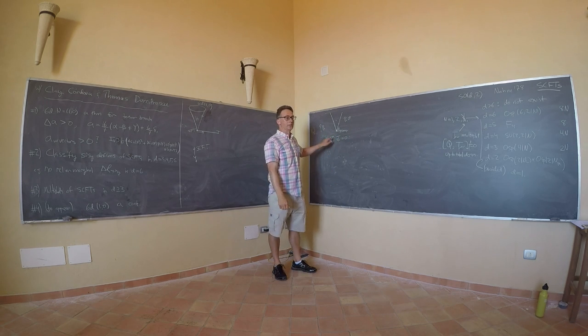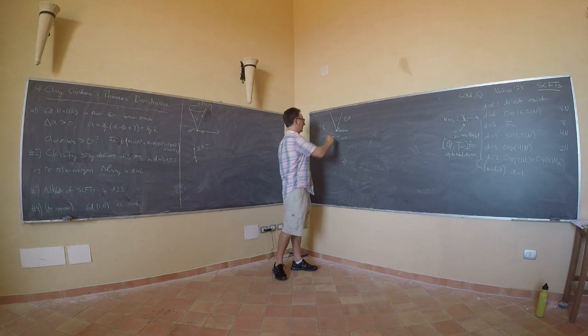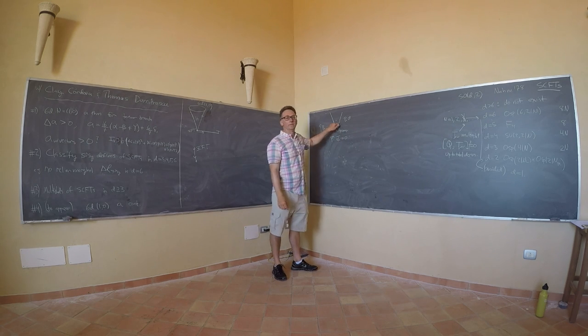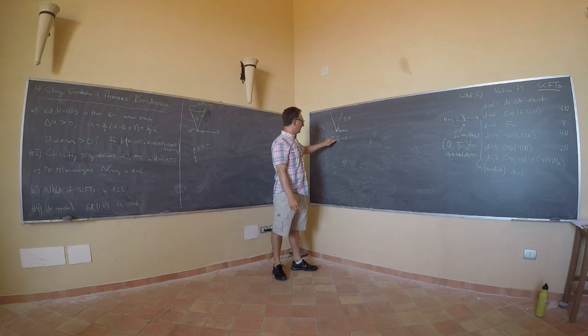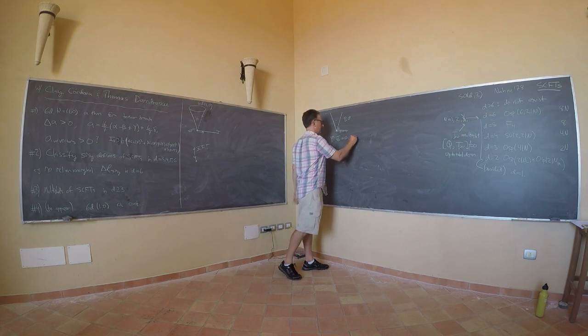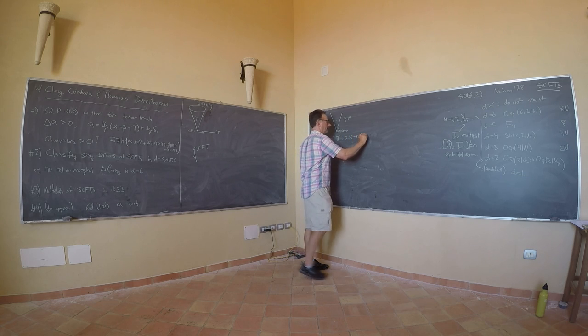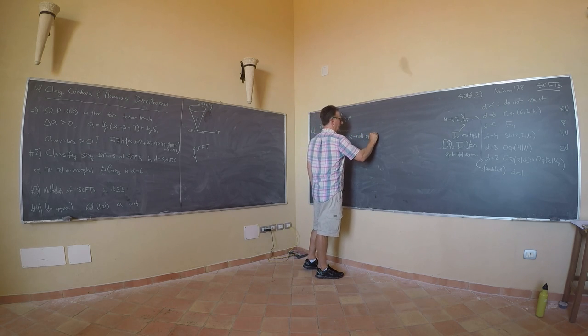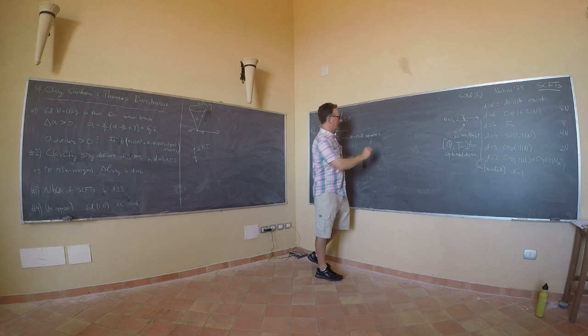And so we would say that there's a level 1 null operator in this current multiplet. The current is here at the bottom, and at level 1 there's a null operator. And so we say that the operator is short.